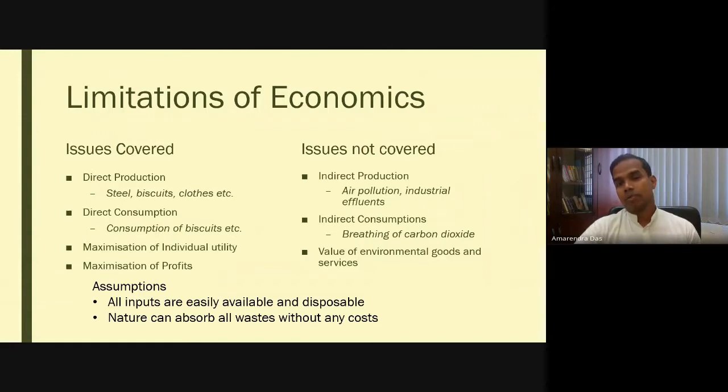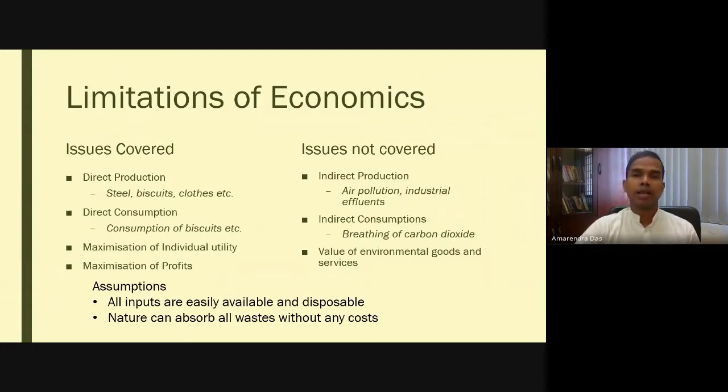So we have to optimize this. The consumer optimizes the utility given the budget constraint, and the producer optimizes the profit or the production given the constraint. So there is a cost, there is a budget constraint both for the producer and the consumer, and both have to optimize accordingly. Now, in both cases, they were only dealing with the direct things.